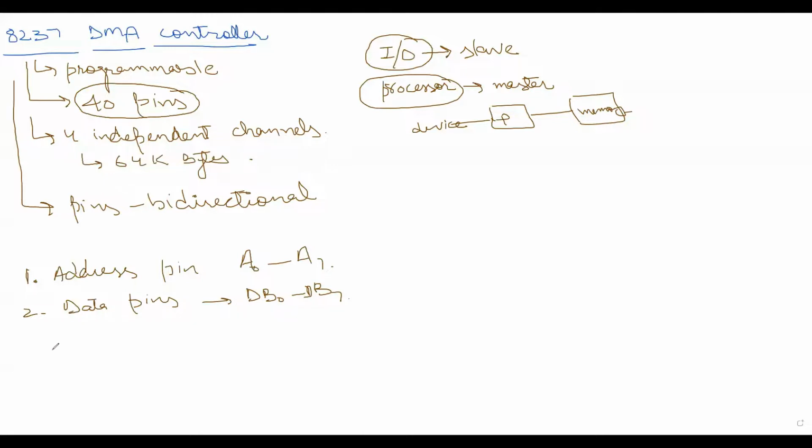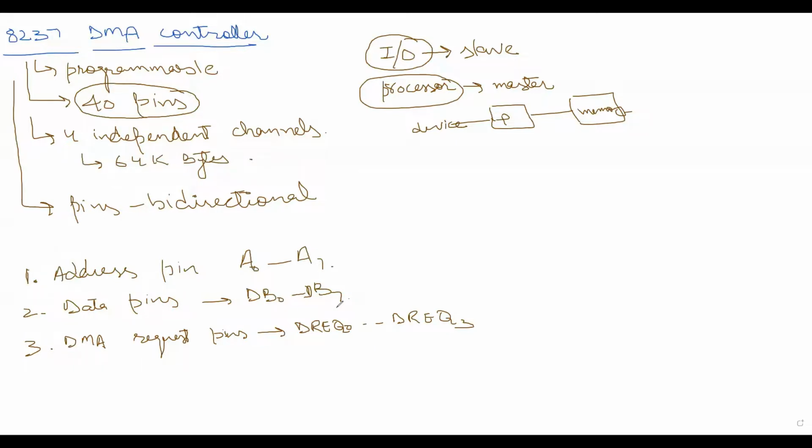Apart from that, it has DMA request pins, and these are 4 in number. They are written as DREQ0 to DREQ3. So what are these pins? As I said, every DMA controller has 4 independent channels to transfer data.